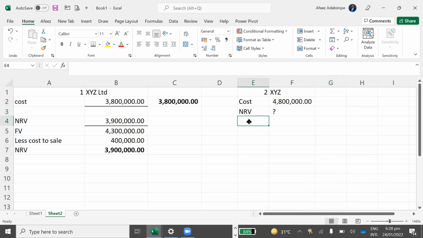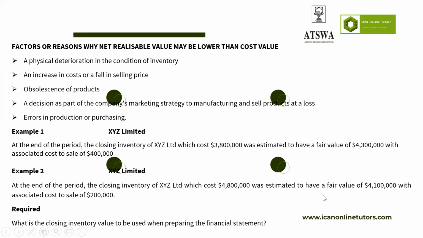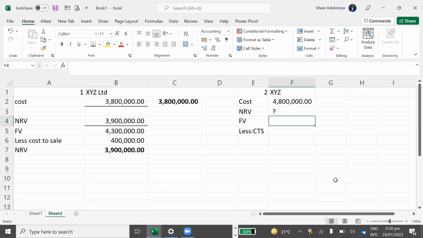NRV is not given, but I have fair value and I have cost to sell. Less. Let me put it cost to sell. So from the question, my fair value was estimated to be 4.1 million.